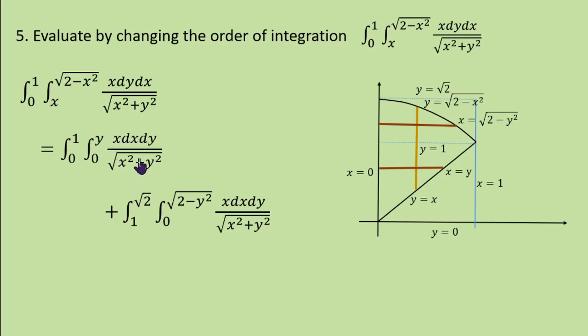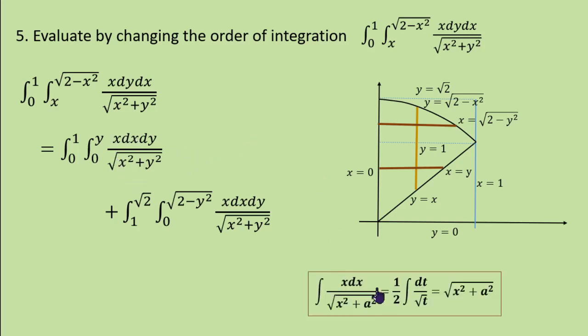The integral of dt by 2 root t is root t, since the derivative of root t is 1 by 2 root t. Here t is nothing but x square plus a square, and a square is y square. Therefore, the integral with respect to x is root of x square plus y square.